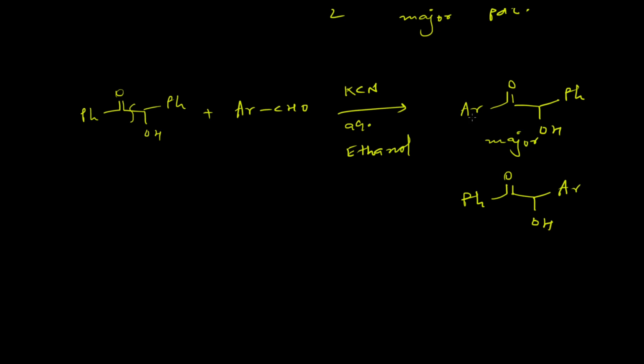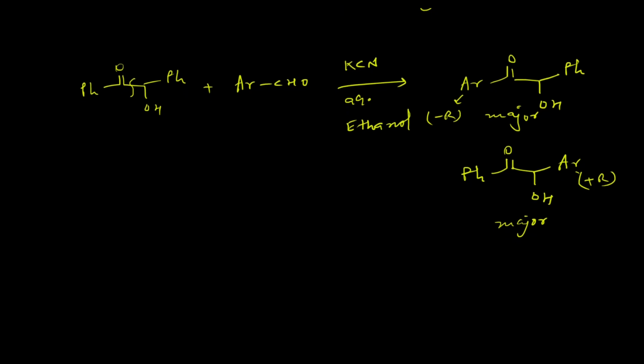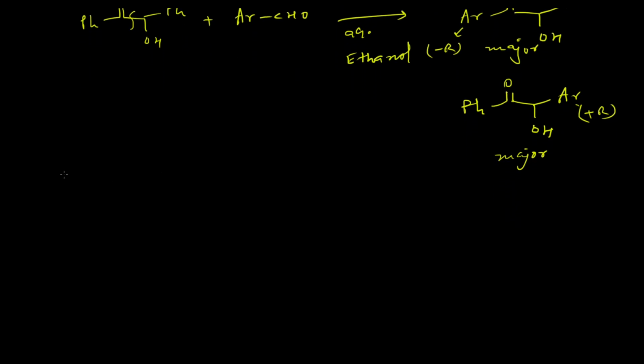So it will be the major product when it has a strong minus R effect compared to phenyl, and it will be the major product when this particular aromatic group has a plus R effect containing group, right? So like that you can easily guess what will be the product.